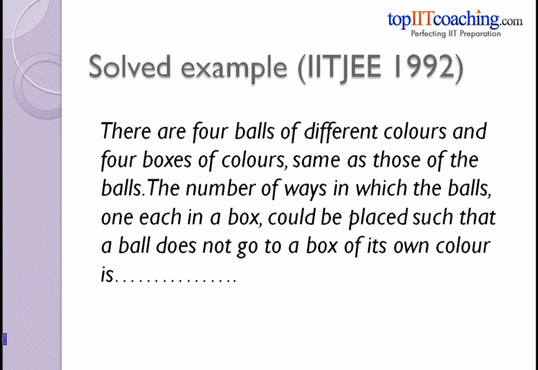It means that we have 4 balls of 4 different colors and 4 boxes whose colors are the same as those of the balls. Now we have to place these balls in the boxes such that none of the balls appear in the box of its own color.